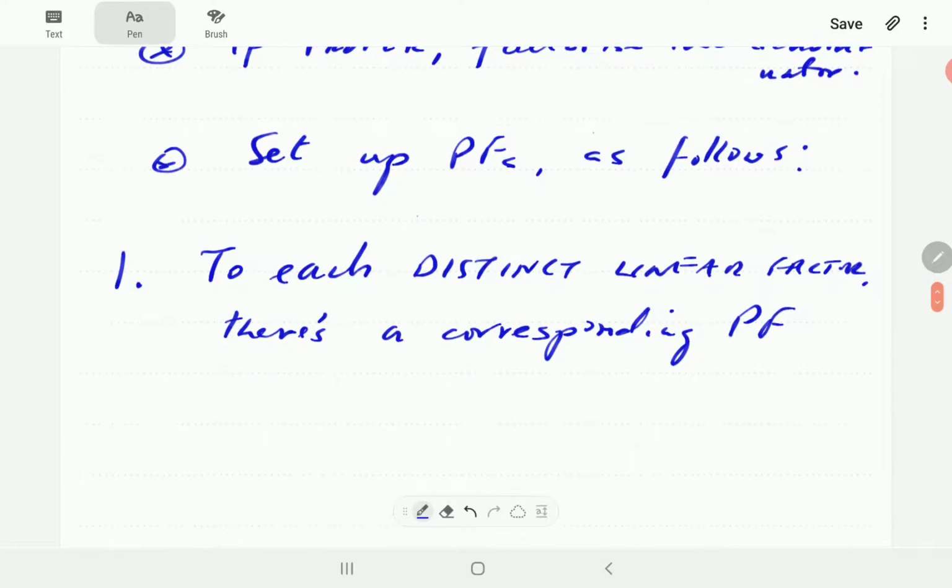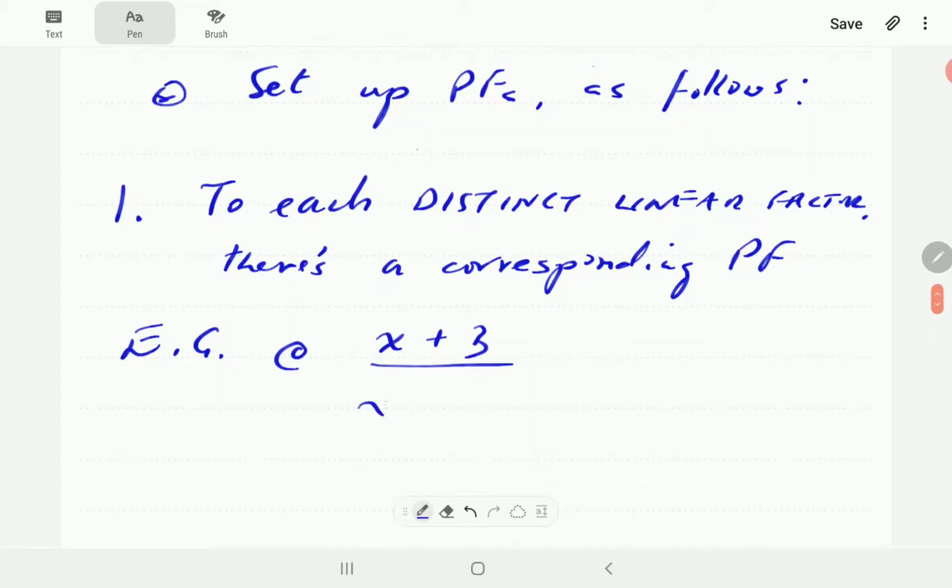So let's do examples here. If we had x plus 3 over x into 2x plus 1. Distinct means that the two factors are different, like here, this factor is different from this factor. Linear means that the highest power of x in each factor is 1.